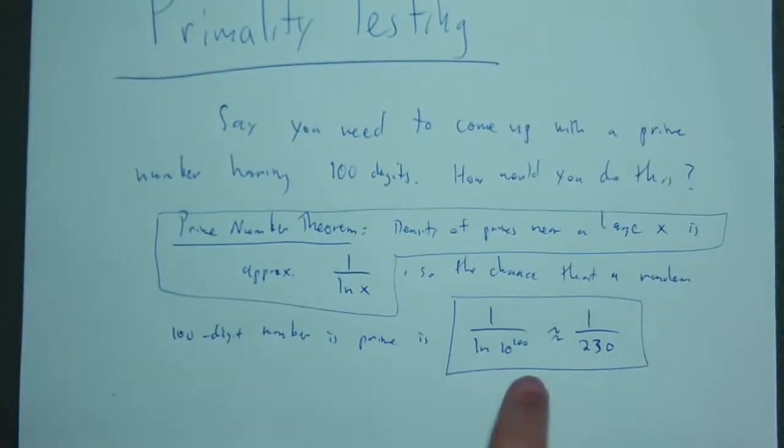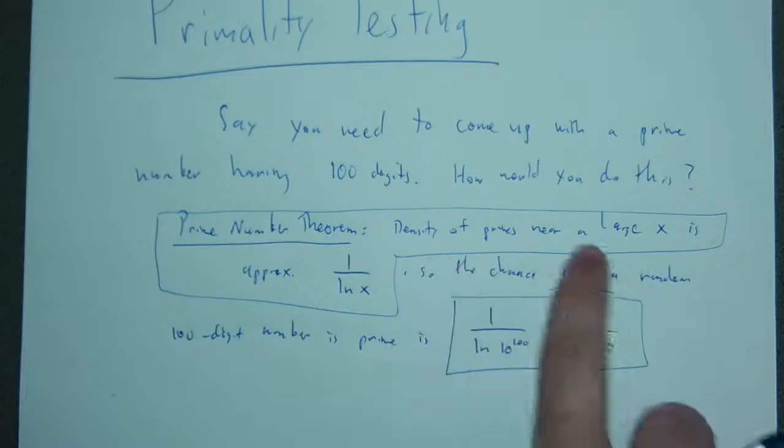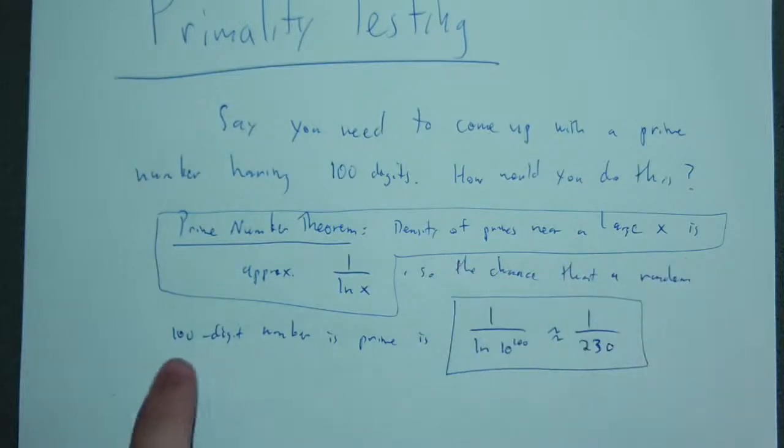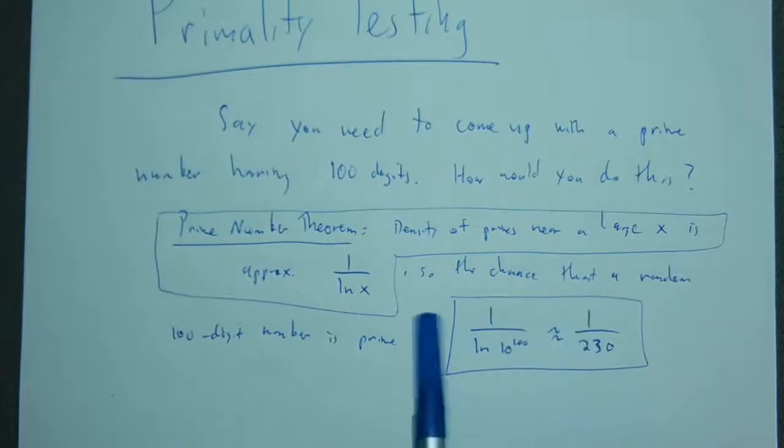So notice this is the density of primes near large x, so this is the chance that a random 100-digit number is prime. But of course, every other 100-digit integer is even. And we know that even numbers aren't prime unless they're 2. So actually we can do better than this by saying, I don't want to just pick a random 100-digit number. I want to pick one that's odd, clearly.